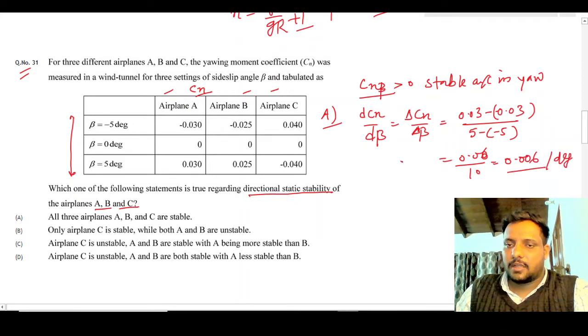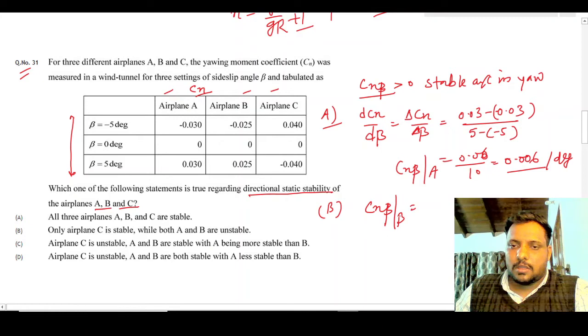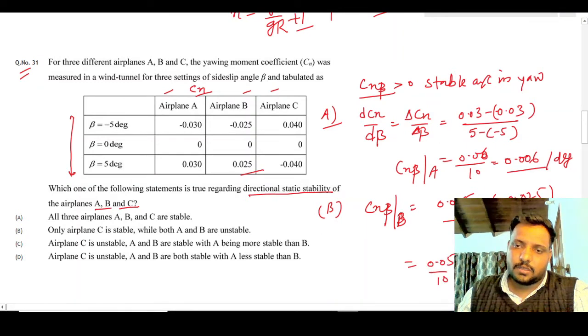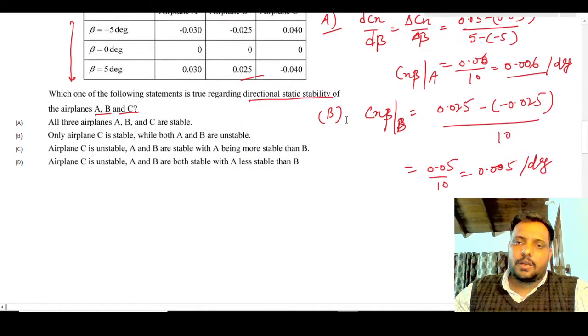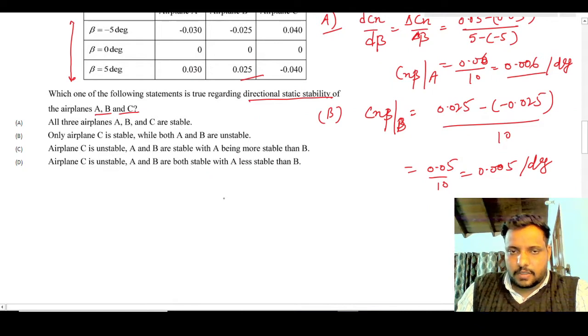So this is Cn beta for airplane A. Similarly for airplane B, it is 0.025 from here, minus minus 0.025 divided by 10, so 0.05 divided by 10, which is 0.005 per degree. And now for third airplane, this is airplane C.